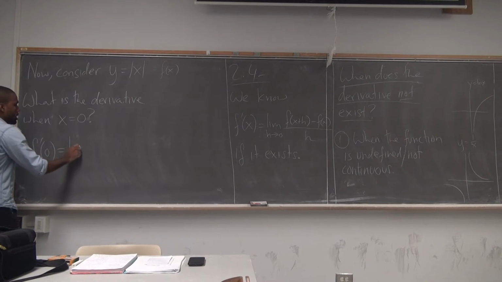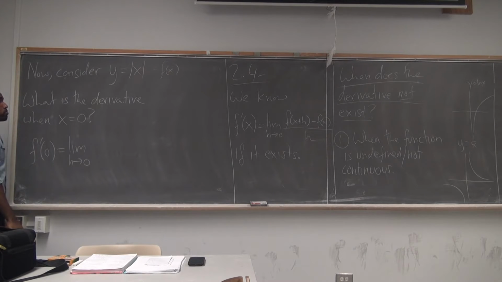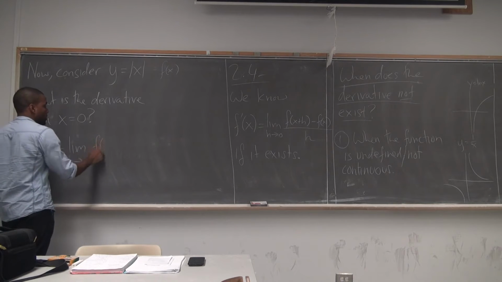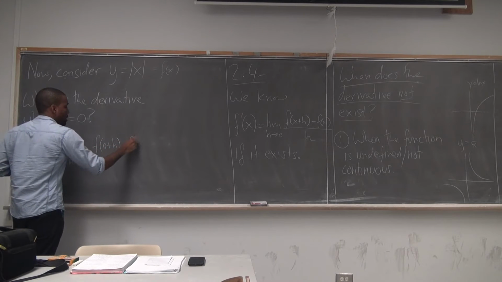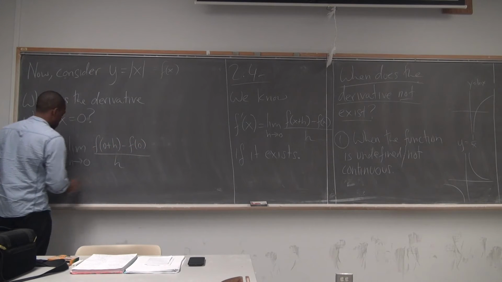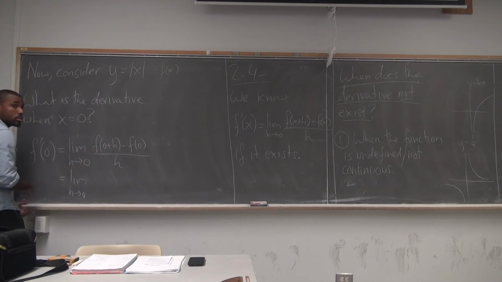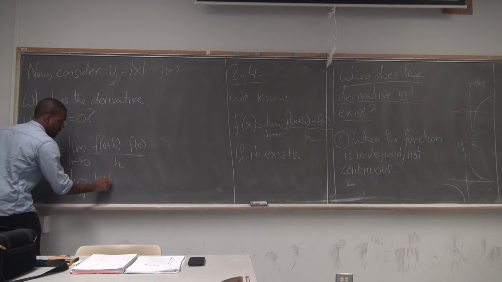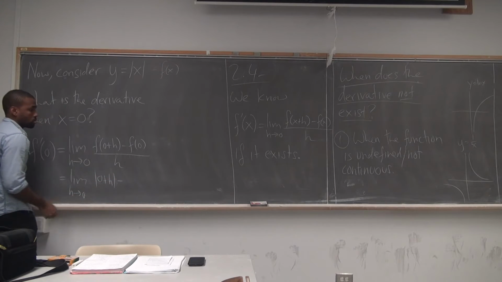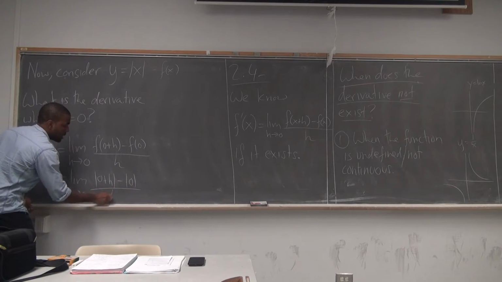So what's that going to be? Limit as h approaches 0 of, what would I have here? It's x plus h, but I know my x is 0, right? So this is going to be f of 0 plus h minus f of 0 all over h. What's this guy? Absolute value of 0 plus h minus absolute value of 0 over h.